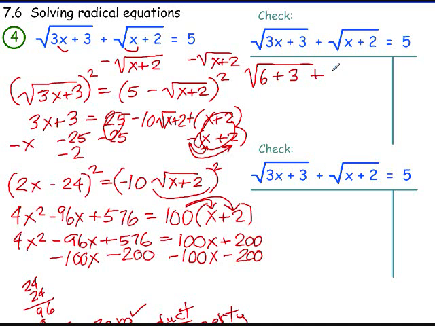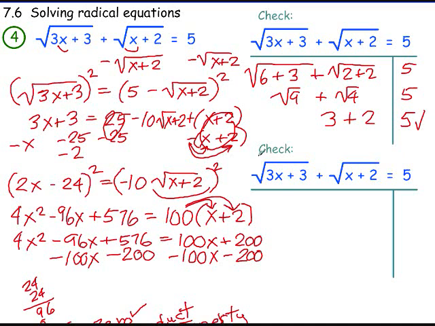And square root of 2 plus 2, and that would be the square root of 9 plus the square root of 4, 3 plus 2.